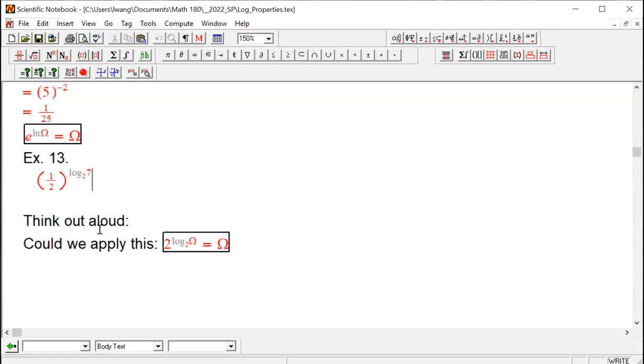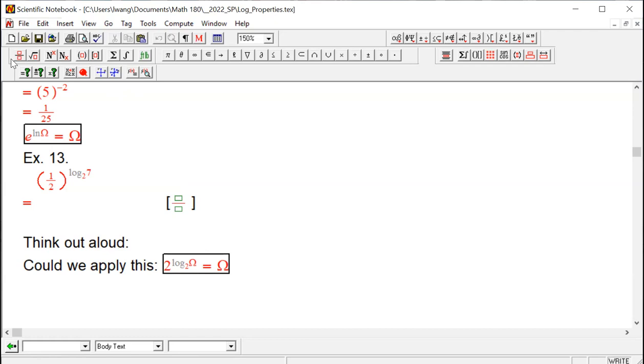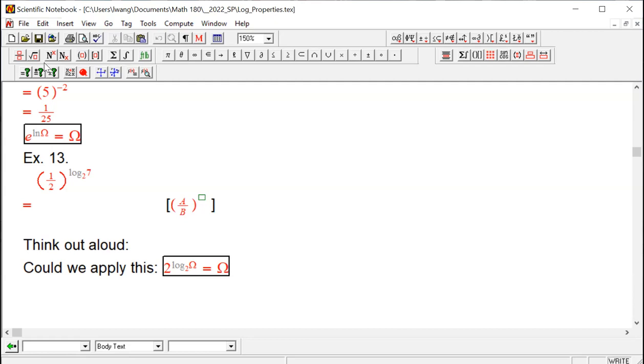So what do we do? Well, this piece is actually an exponent, right? So if we apply this property, let me tell you which one: we have capital A divided by capital B inside the parentheses raised to the power of n.